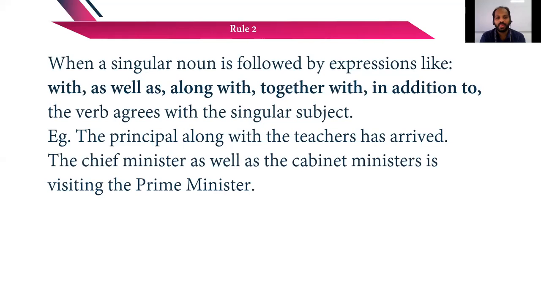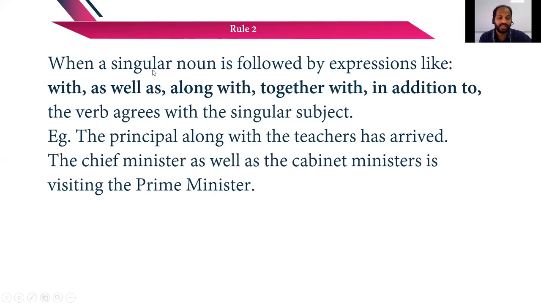Example: the principal, along with the teachers, has arrived. Here it is teachers, but the main subject is the principal. And along with the teachers, has arrived. The verb here, has, has to agree with the singular subject given first.